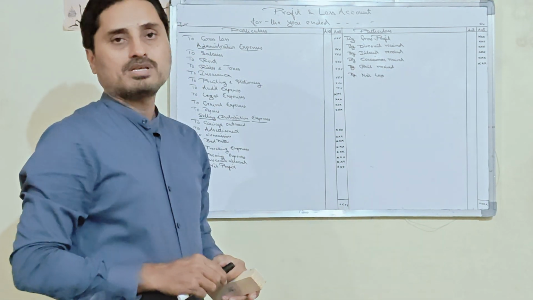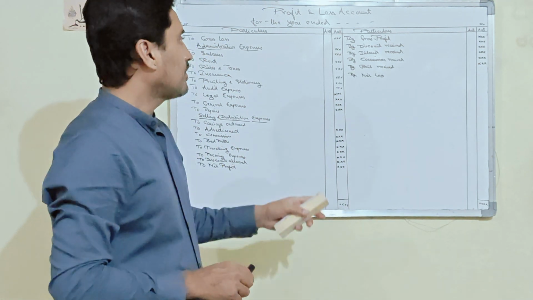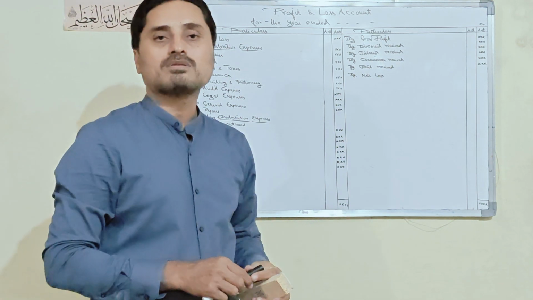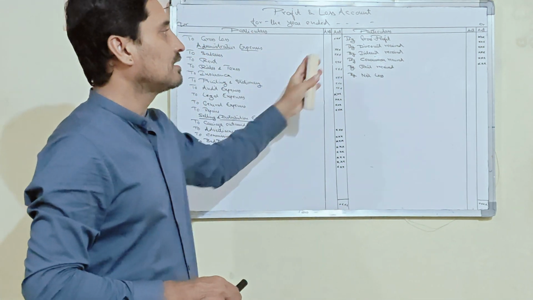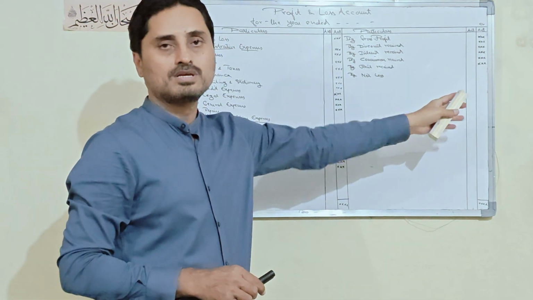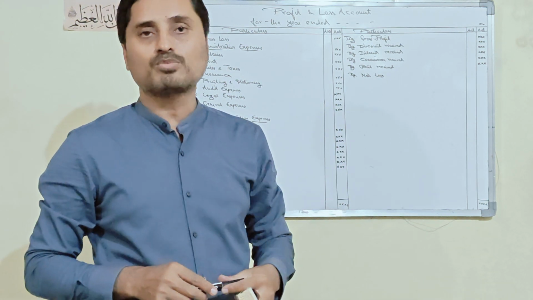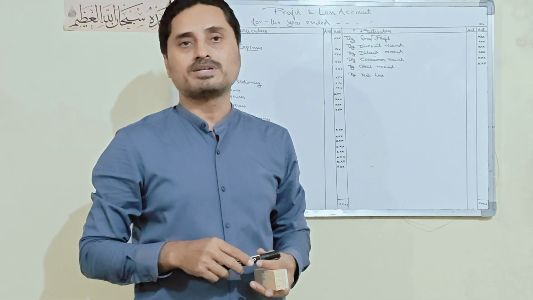So the difference amount is our profit or loss. If our incomes are more than our expenses, then the difference amount is our net profit. If our expenses are more than our income, then the difference amount is our net loss. So excess of income over expenditure is our net profit. Excess of expenditure over income is our net loss.